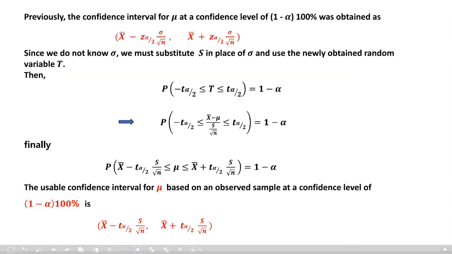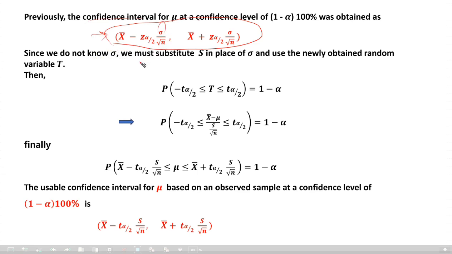The confidence interval for mu at confidence level 1 minus alpha 100% was obtained like this. But in practice, we cannot use this one because we do not know sigma.